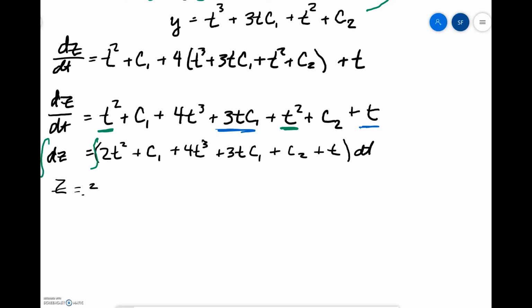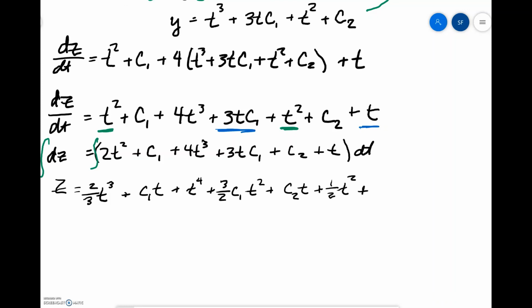2/3 t to the third plus c1t plus, no, fourth, t to the fourth, plus 3/2 c1t plus t squared plus c2t plus 1/2 t squared plus my third integration constant.